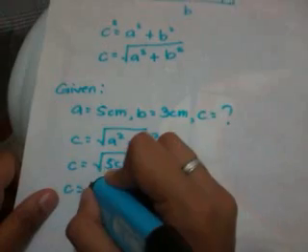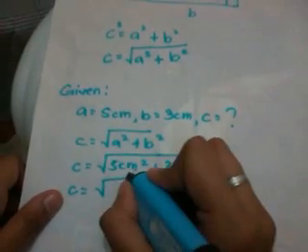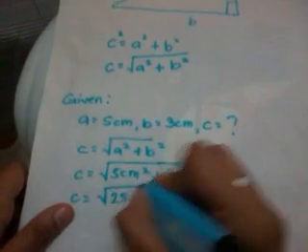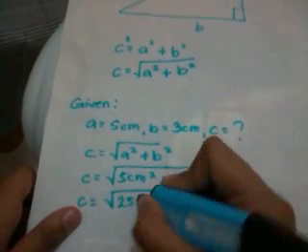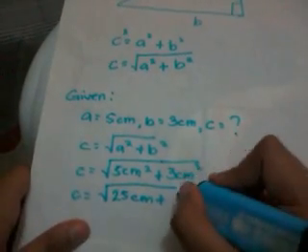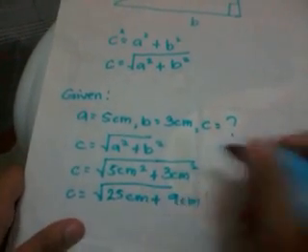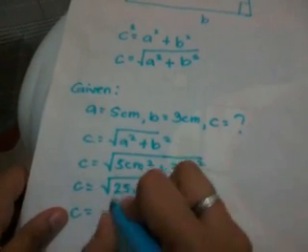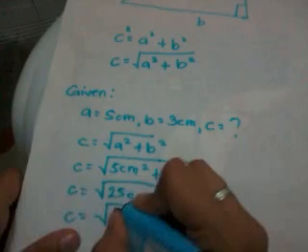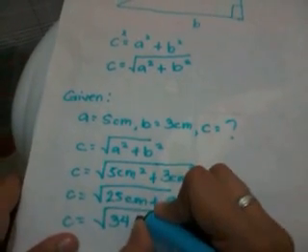In C, 5 squared is 25 cm, plus 3 squared is 9 cm. So let's add: 25 plus 9 is equal to 34 cm.